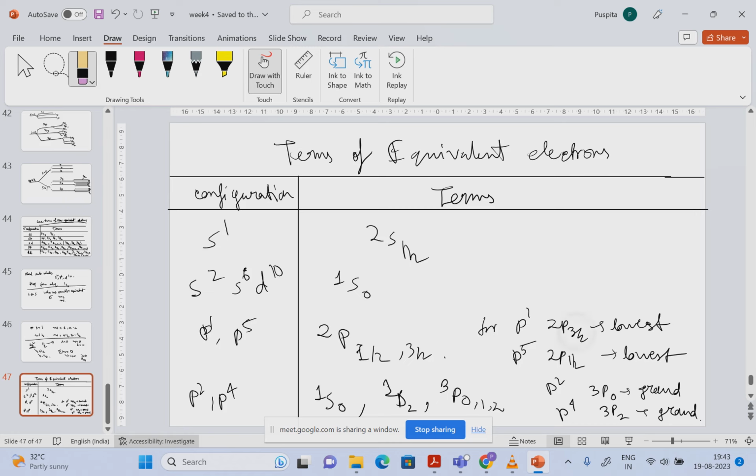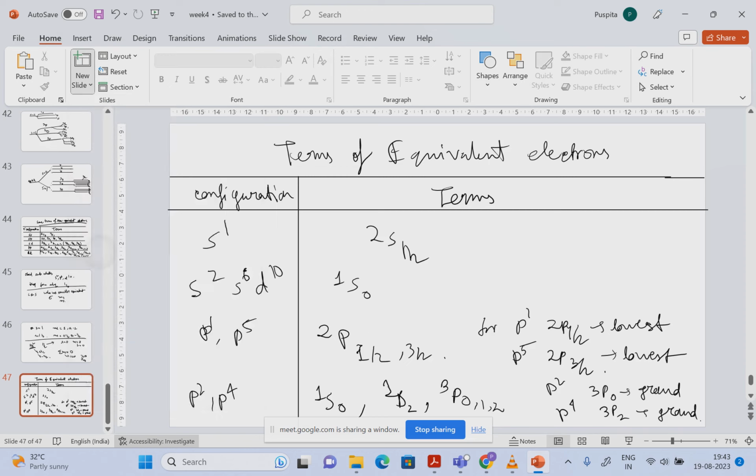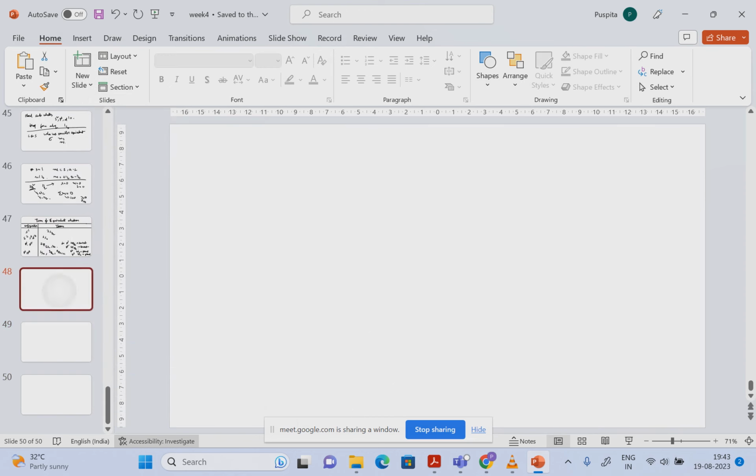In p3, it will be 2P 1/2, 3/2, 2D 3/2, 5/2, and 4S 3/2.